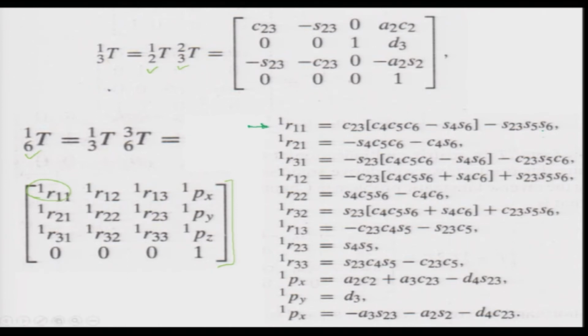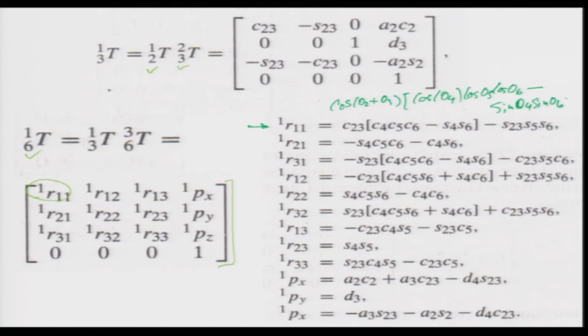These are the terms which are contained in R11, and if you see, this is cos theta 2 plus theta 3, into cos theta 4 into cos theta 5 into cos theta 6 minus sin theta 4 sin theta 6.